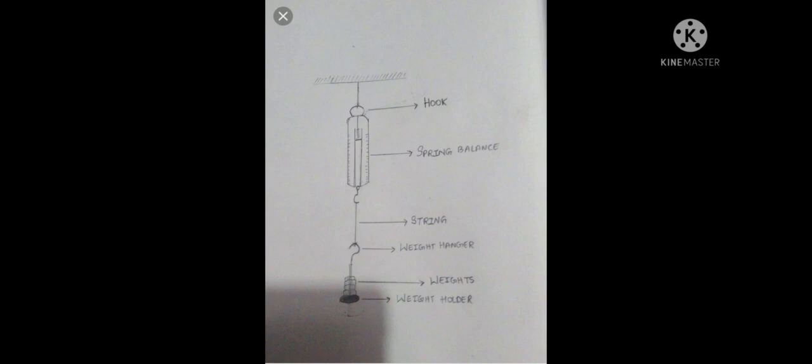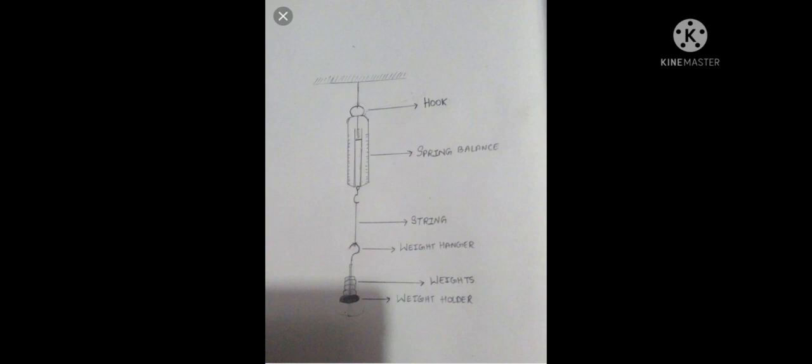Tension lab activity. Aim: to find the limiting force that can be borne by a thread. Materials required: spring balance, weights, threads, weight hanger. Procedure: first, arrange the system as shown in the figure.